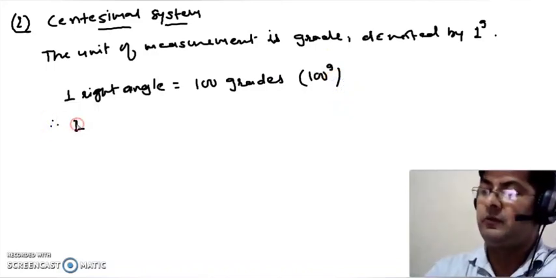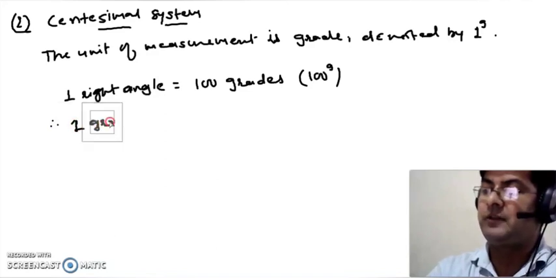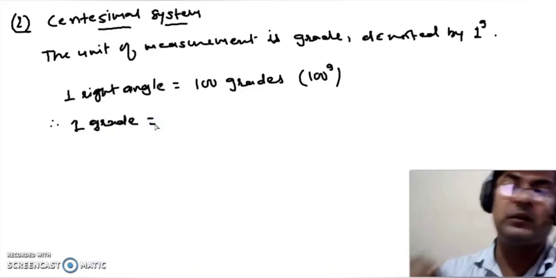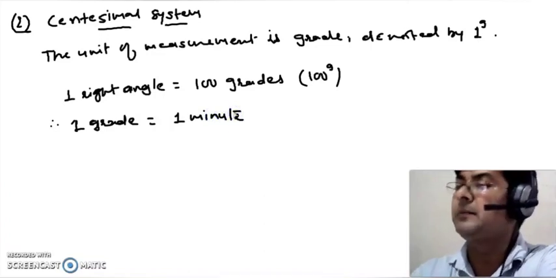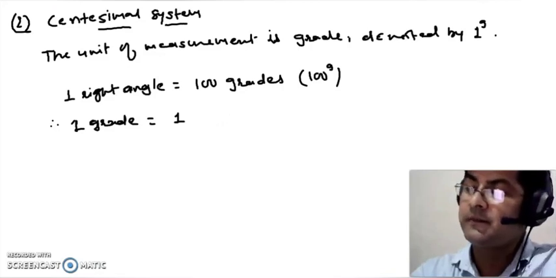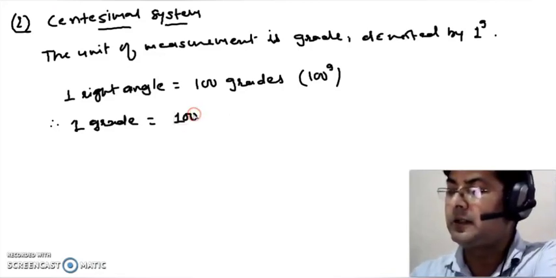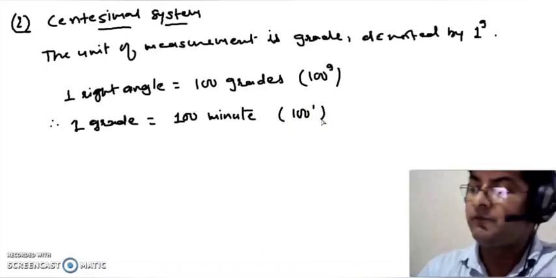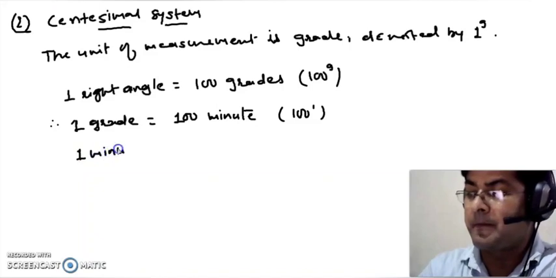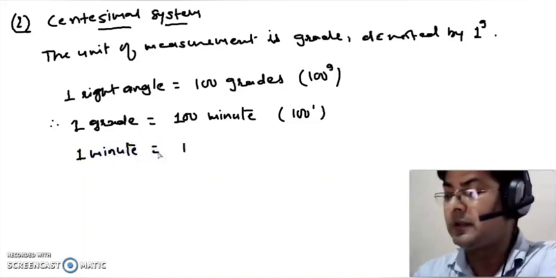Again, one grade can further be divided into 100 equal parts, and each part is called a minute. Okay, 100 minutes, not 1 minute, but one grade can be divided into 100 equal parts. Each part is called a minute. Similarly 1 minute can also be further divided into 100 equal parts.